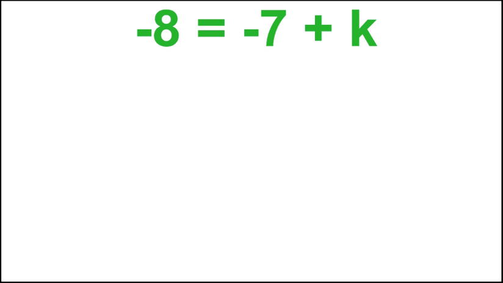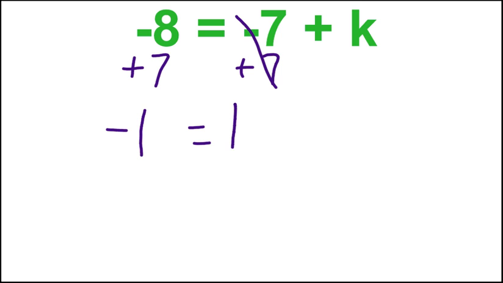We do the opposite. The tricky part with negatives, though, that's a minus 7, right? What's the opposite of minus 7? A plus 7, right? So that cancels them out. Now on the left side, I got different signs, right? When the signs are different, we subtract and use the sign of the bigger number.